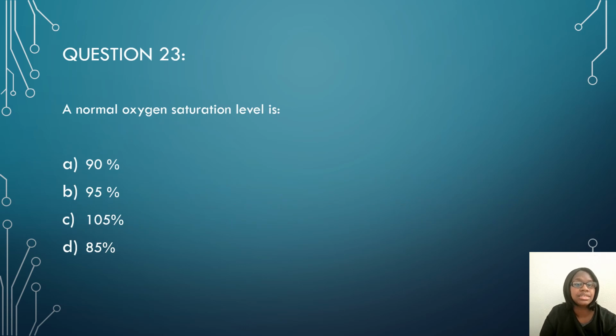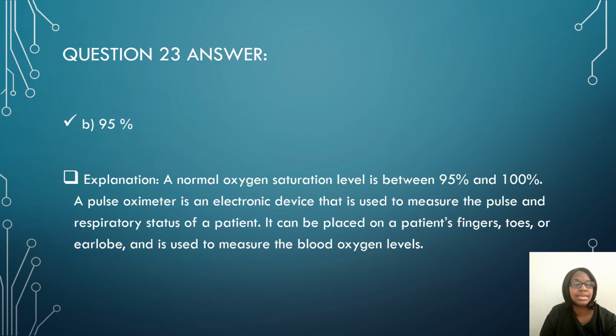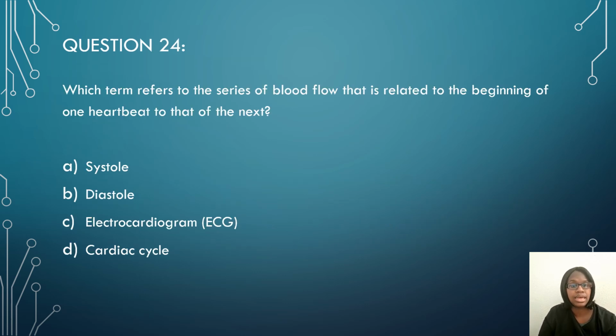A normal oxygen saturation level is 95%. That range is going to be anywhere between 95% and 100 for it to be normal. And just keep in mind again, it can be placed on the fingers, the toes, or the earlobe. Okay.